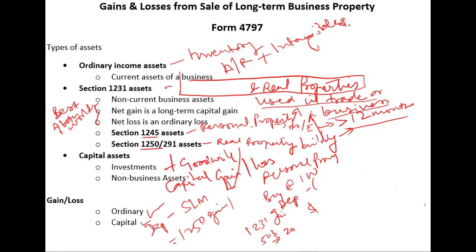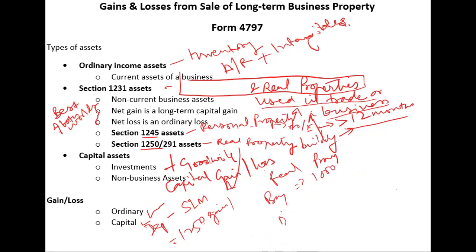If this is not personal property but real property, we have to consider 1250 assets. Let's say bought at $1,000, depreciated by $90, so the basis is $910, and sold at $1,400.